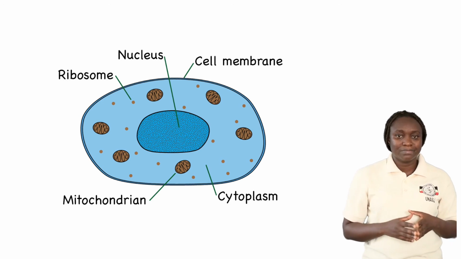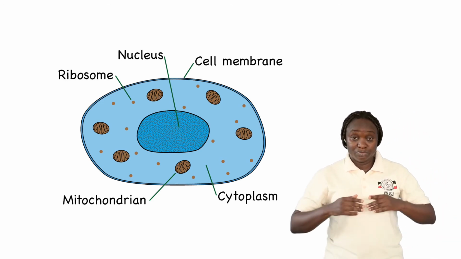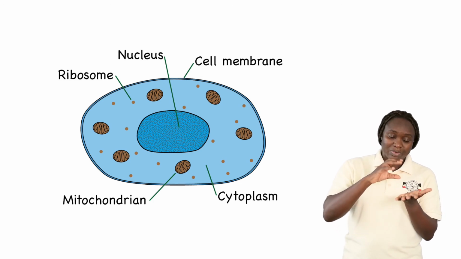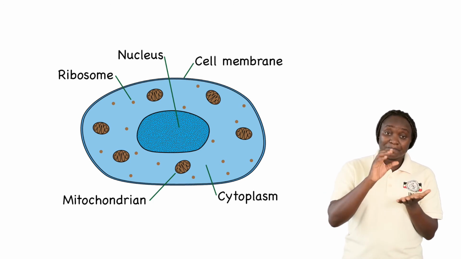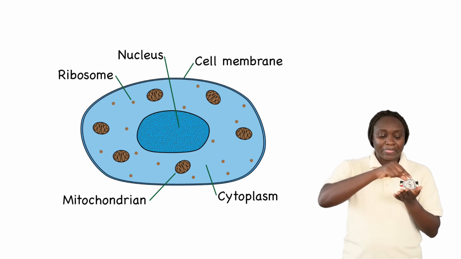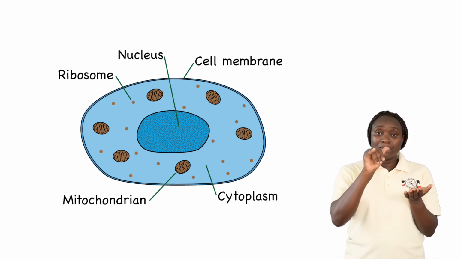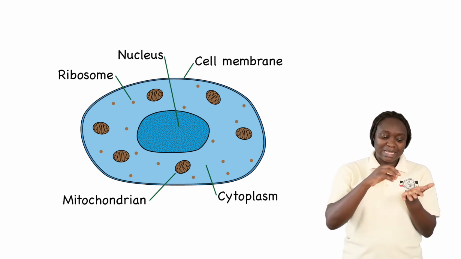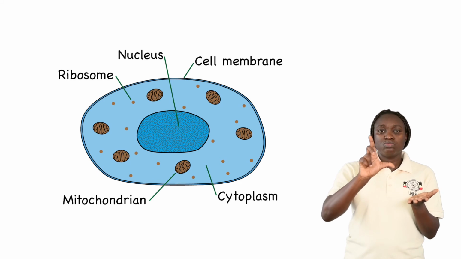So let's go through this together. We have three main parts: the cell membrane, the cytoplasm, and the nucleus. What are the functions of those parts? Can you go through them together? Cell membrane.